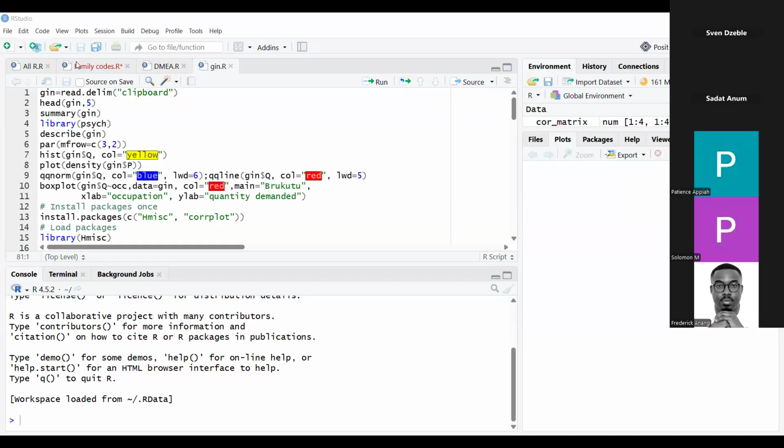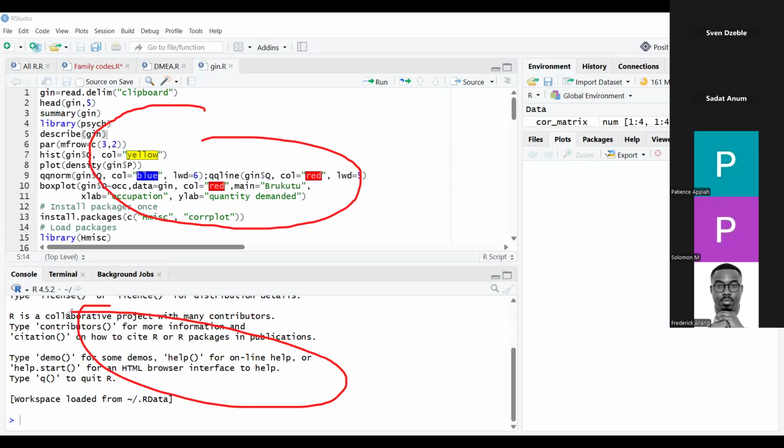Okay, so let's continue. When you open your R, the first thing you see on the top left here is a command window. What you see here is a console. The console is where the results are shown.